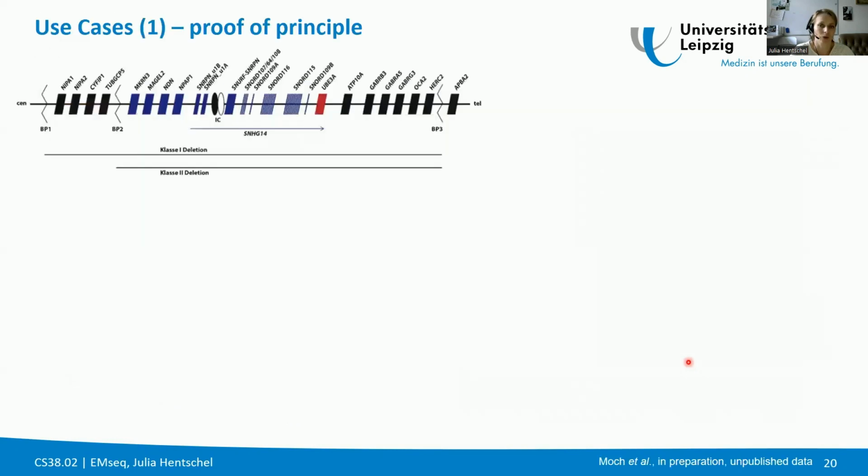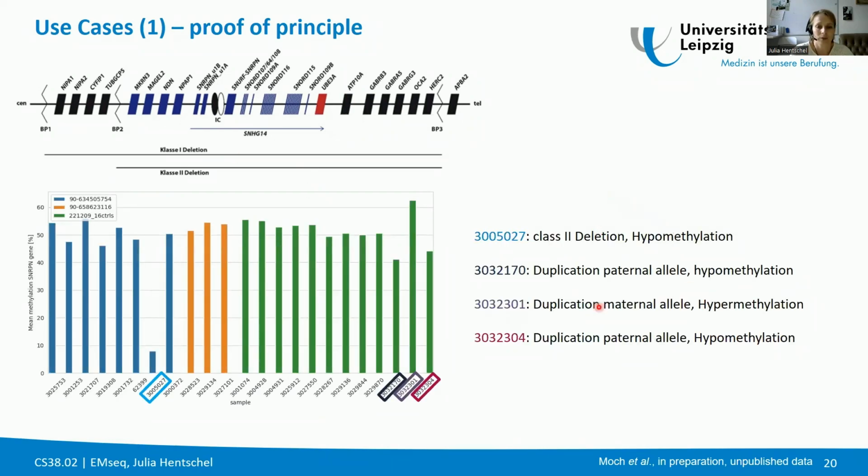So now we want to use that new technique in the lab to add on our cohort. At first, we start with known imprinting disorders, as I showed you in one of the first slides. So here we have an imprinting region on chromosome 15, and we had some known cases with changes here.